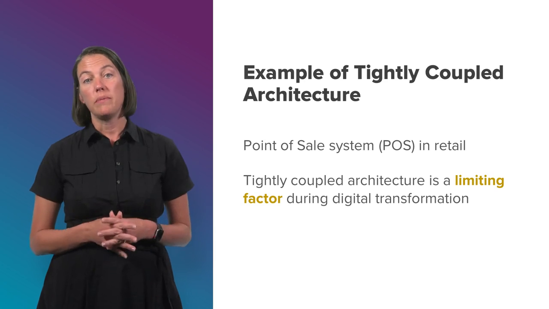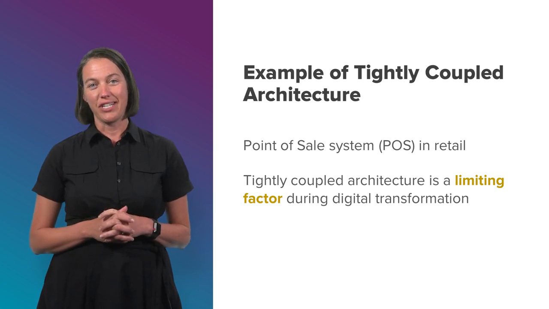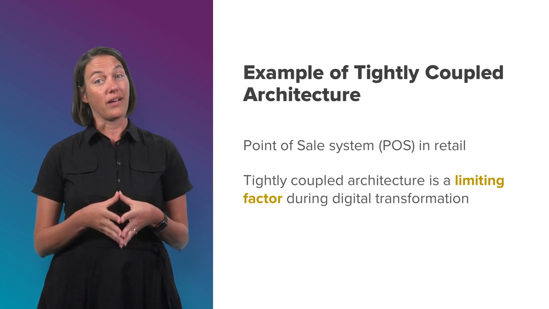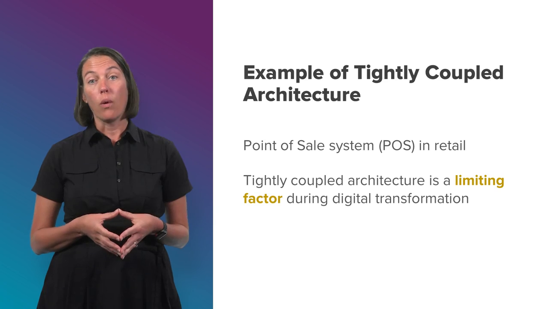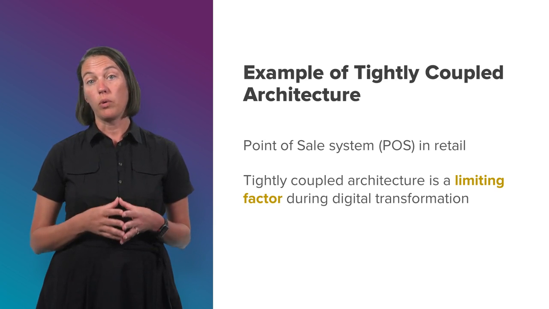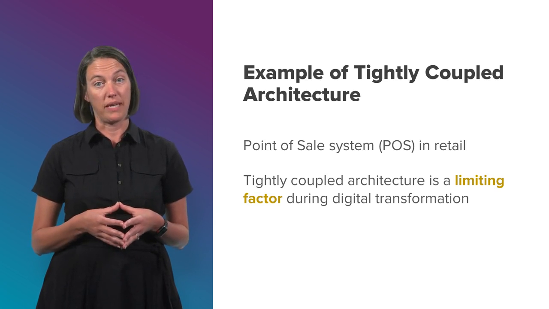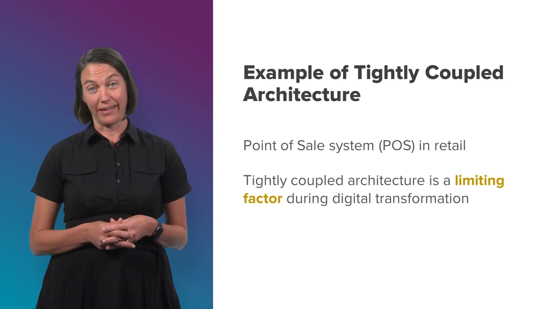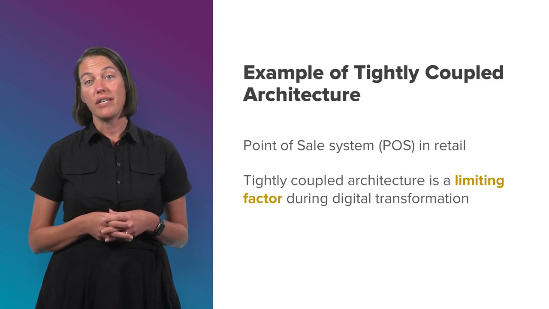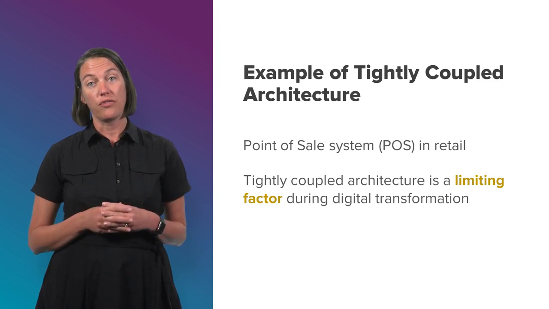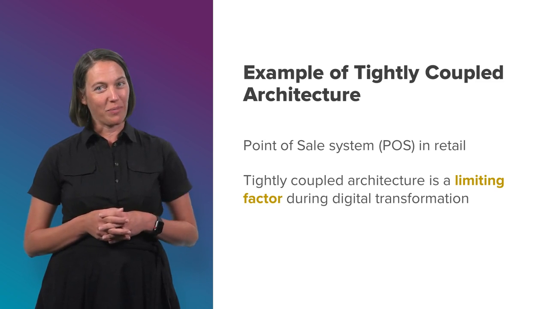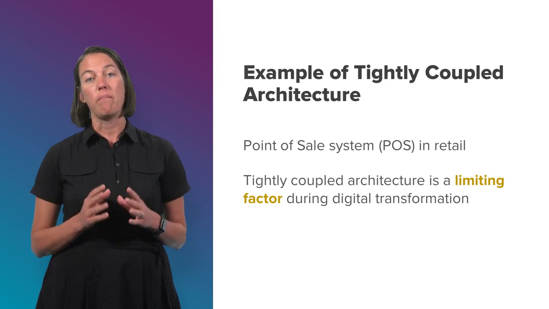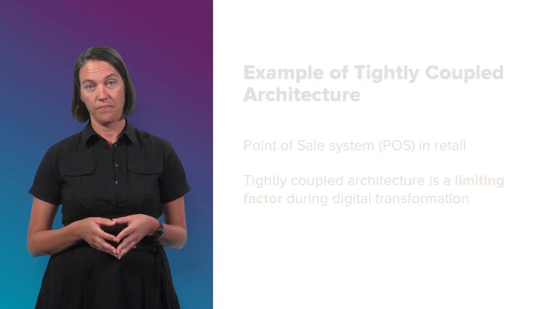So in order to meet the business needs, often organizations require integration to other systems, like the customer data source or the HR system to load employee data for capturing commission-based sales. All of this, in my experience, has been tightly coupled. And when organizations are on a digital transformation journey and trying to optimize for speed, having a tightly coupled architecture is one of the main limiting factors.